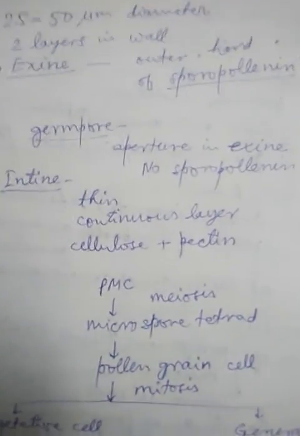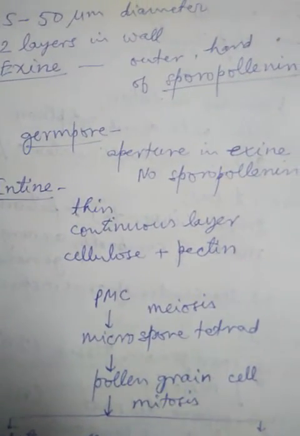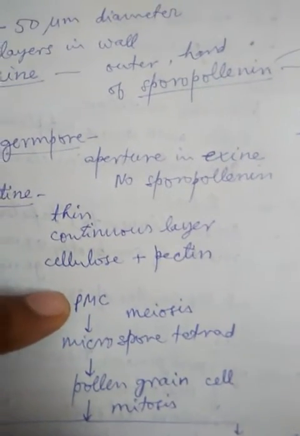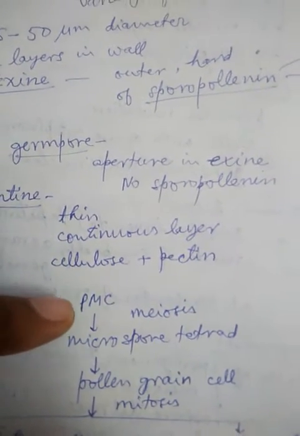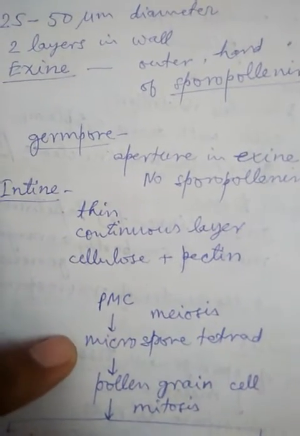So how is the pollen grain formed? If you want to understand that, as we have already seen in the previous lecture, the pollen mother cell or PMC undergoes the meiotic division or meiosis, and then it produces the microspore tetrad.